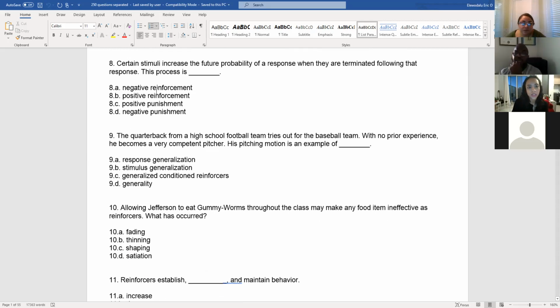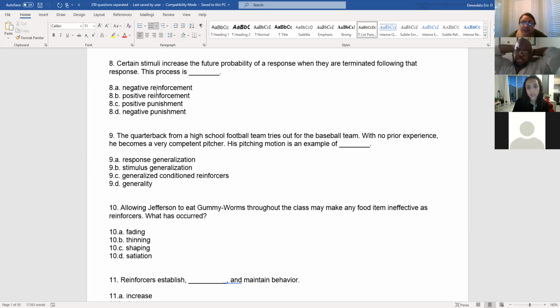Certain stimuli increase the future probability of a response when they are terminated following that response. The process is negative reinforcement. It says future probability of a response, so if it increases in the future, that's reinforcement.